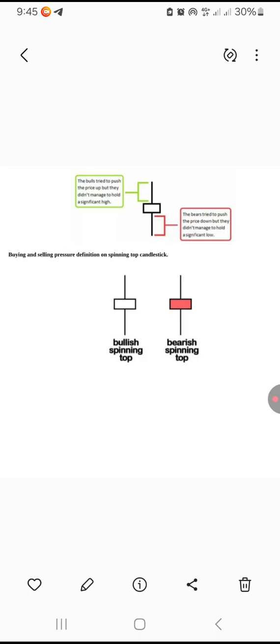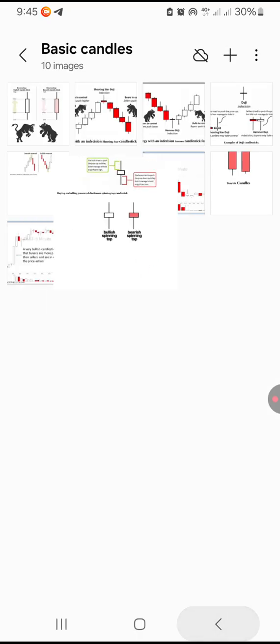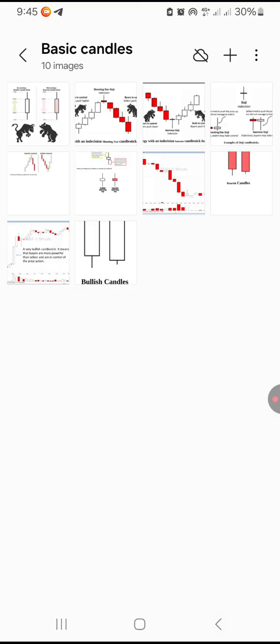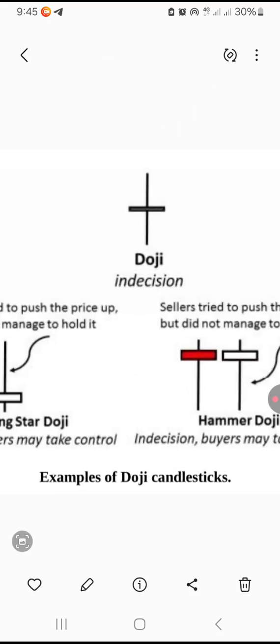All right. Let me show you something. Let me show you about dojis. Dojis will help you understand all these spinning tops, so don't get yourself confused. This is what a doji is. A doji is simply an indecision candle.